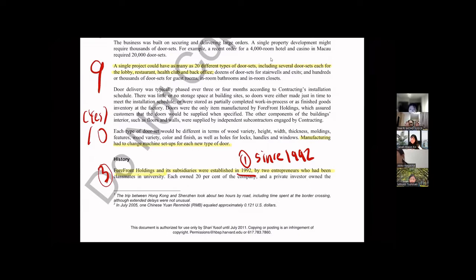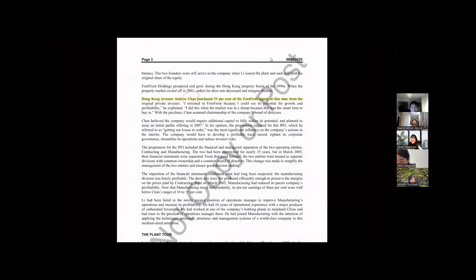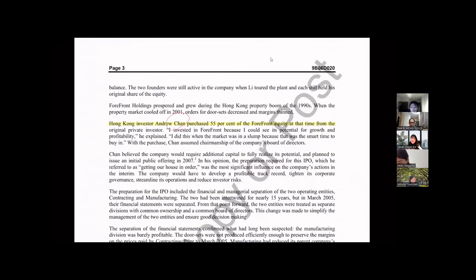For example, holdings, and then what are the subsidiaries? One is manufacturing, so that you can see how the businesses actually interact. You can draw the organizational structure, right? Oh, I think I can't. No, it's business school. You must know the organizational structure.